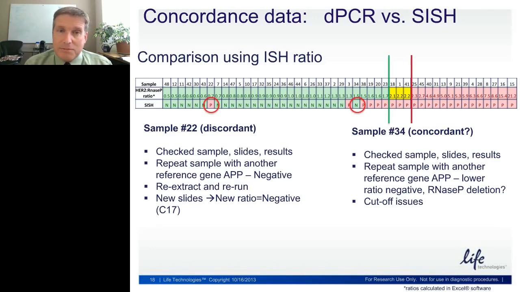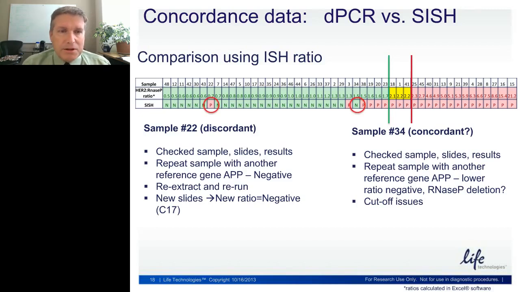So this would not be classified as an amplification, but be reclassified as a deletion of RNase P instead of a bona fide amplification. In fact, we confirmed that this was a normal diploid sample for a different locus, APP. And we calculated the ratio of HER2 to APP. We found that it was normal and indeed not amplified.